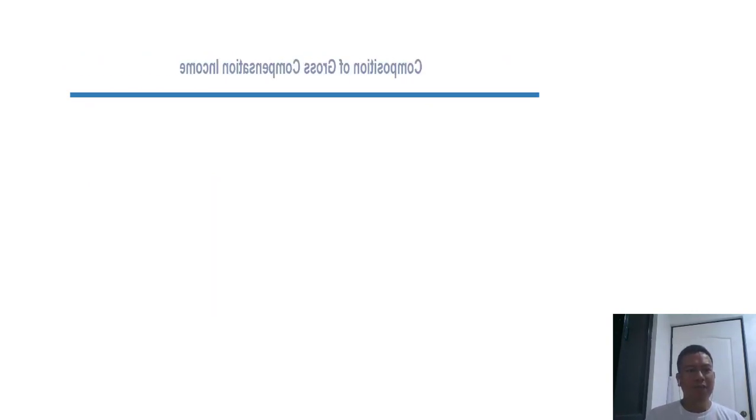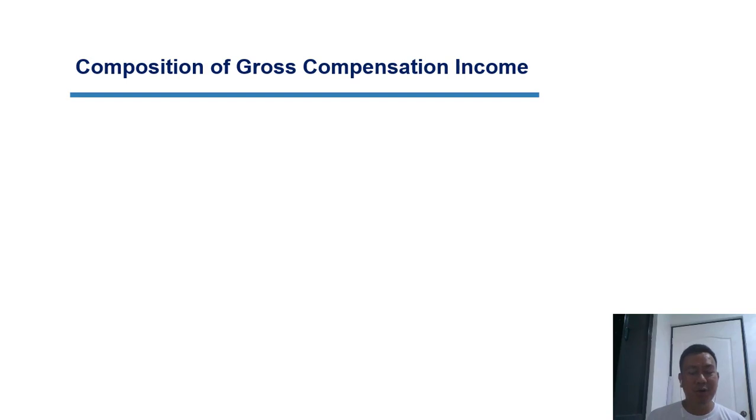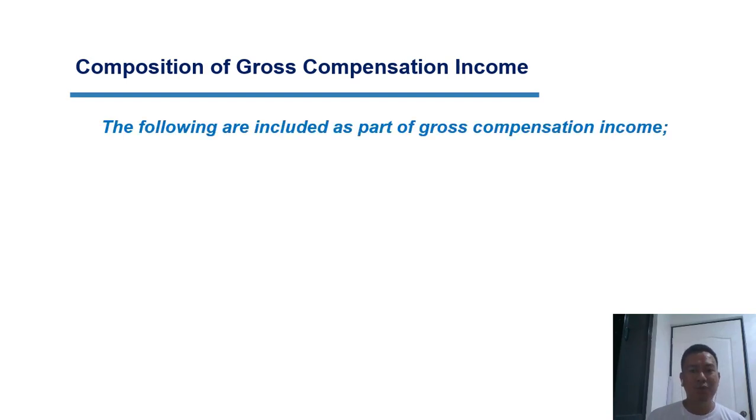Okay, for the composition of our gross compensation income, we have this, okay? We have the salaries, wages, or fees. Let us distinguish the salaries from the wages and from fees. The salaries are given to employees on a regular interval. So they are given on the 15th day of the month or on the 30th day of the month or any regular interval with regards to the company's policy.